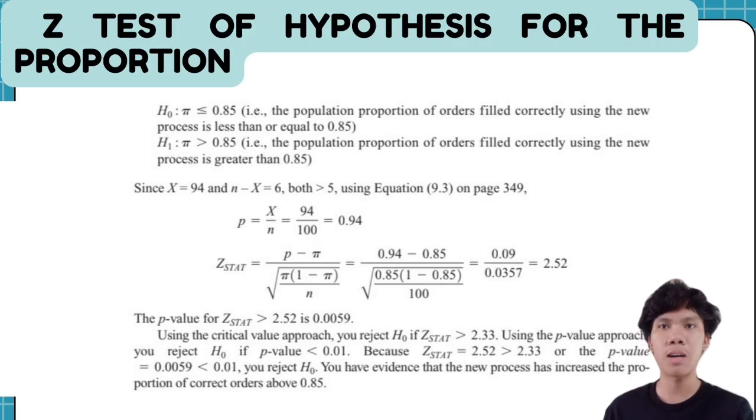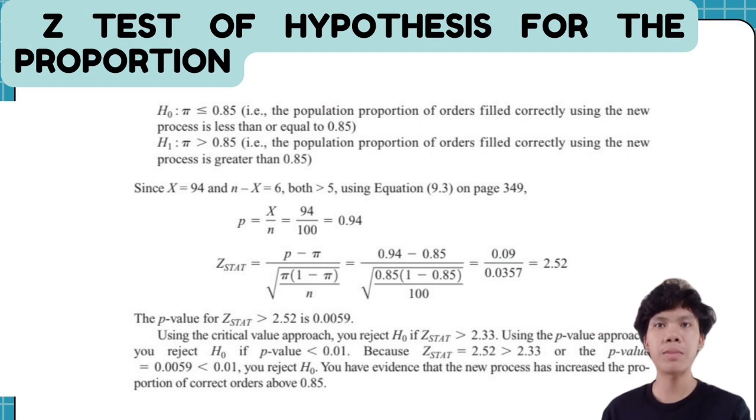We will set up two hypotheses: the null, that the new process is not better, or it's still 85% or less accurate, and the alternative, that the new process is better, or more than 85% accurate. We calculate the sample proportion, which is 94 divided by 100, equals 0.94.